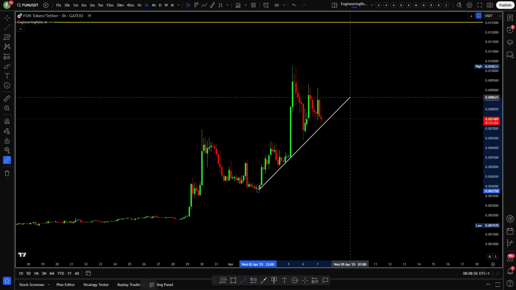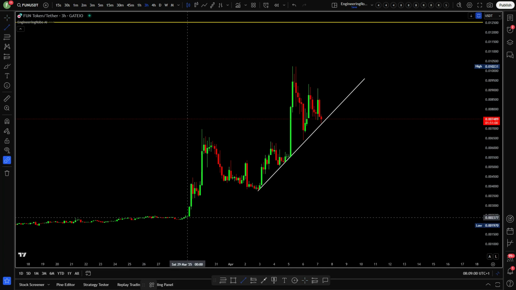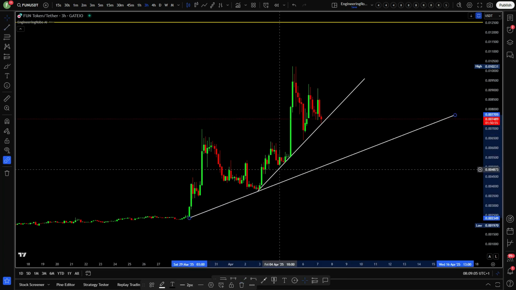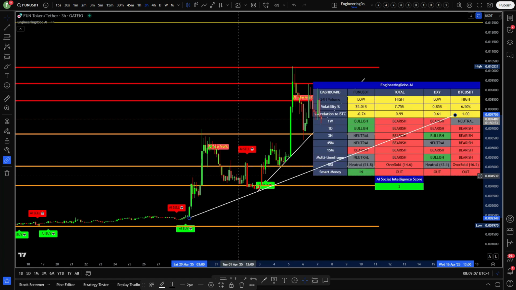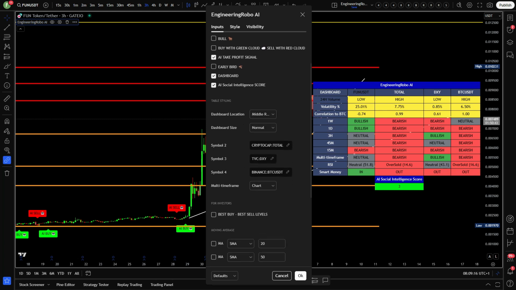So just want to see how price is reacting on the 3 hour time frame. And we can see that it's really butting up against my first momentum trend line. And let me just move this around, the dashboard. Interesting.